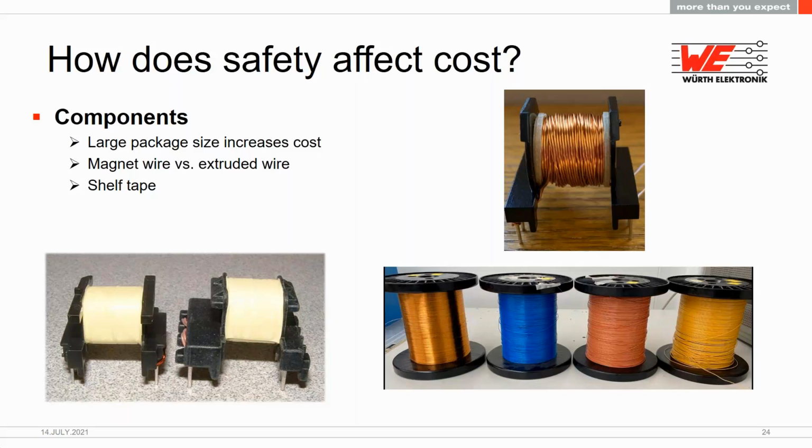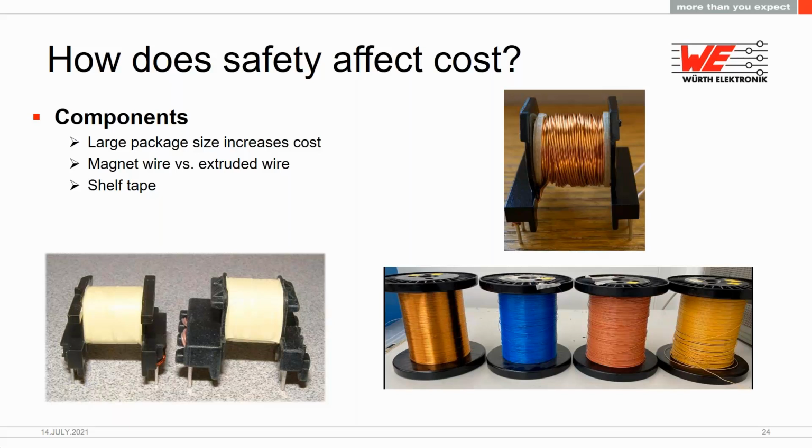It might seem insignificant on a 1-inch cube transformer, but it doesn't take many turns to achieve 1 meter worth of insulated wire on a 1-inch cube transformer. This 1 meter worth of insulated wire can easily be 5 times or more the cost of the equivalent magnet wire used on a shelf tape or functional insulated design.